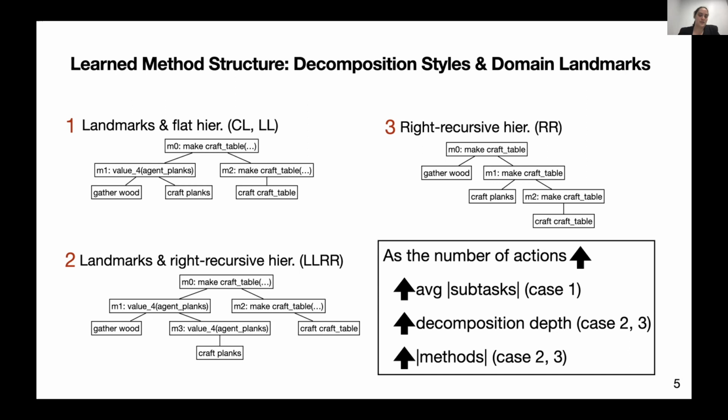Whereas for 2 and 3, there will be an increase in both decomposition depth and the number of methods learned, and that can mean that the HTM planner plans more slowly because it possibly has to check more methods' preconditions to find an appropriate method.